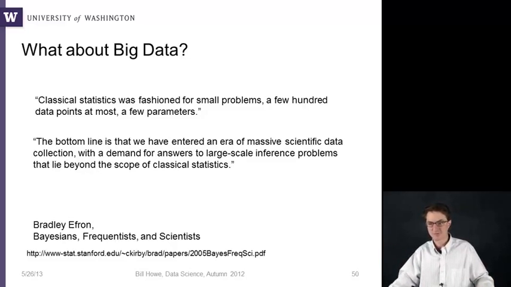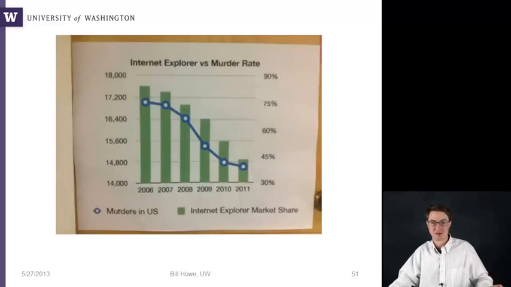Now, what can go wrong here? Well, as we talked about, you can find spurious relationships in big data. This is a picture that I got from a colleague recently that was emailed to him, a plot that someone took the time to make. It may or may not have been a joke, but as you can see here, it says Internet Explorer versus the murder rate.